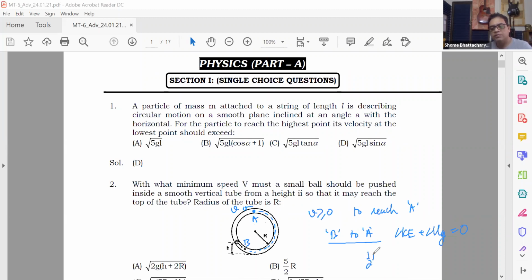So half m (v square minus u square) plus mg, now what will the height be? From B to A, this height will be 2r minus h. Should be equal to 0.